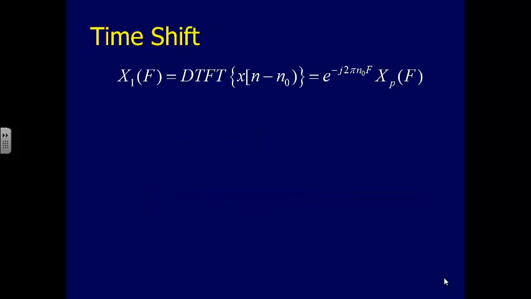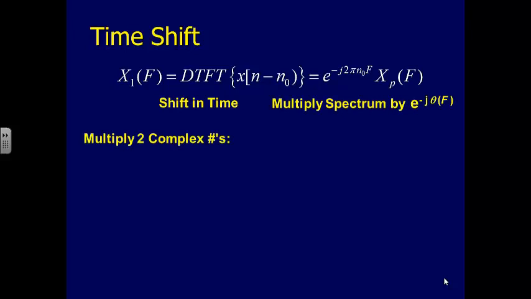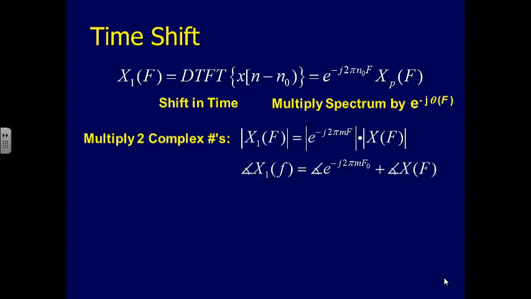Okay. Yeah, in terms of what that does to your actual spectrum, if I multiply something by an exponential, that shift in time, again, if I multiply two complex functions, I'm going to multiply their magnitudes and add their phases.